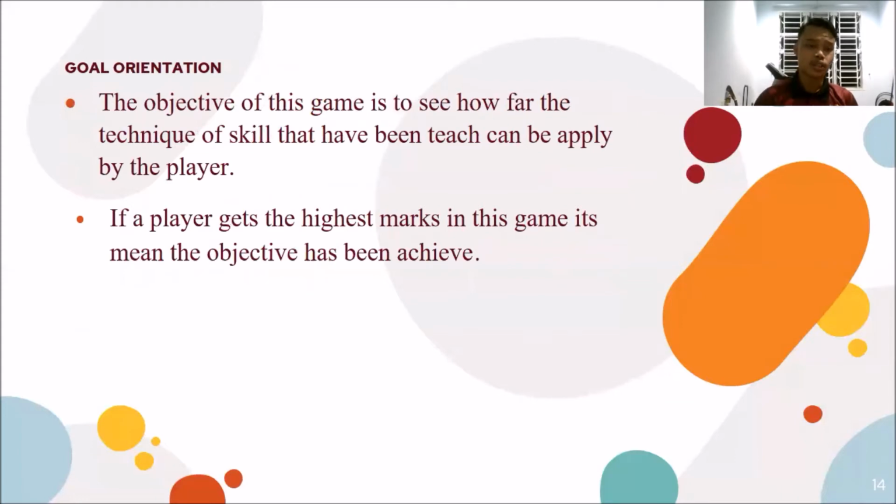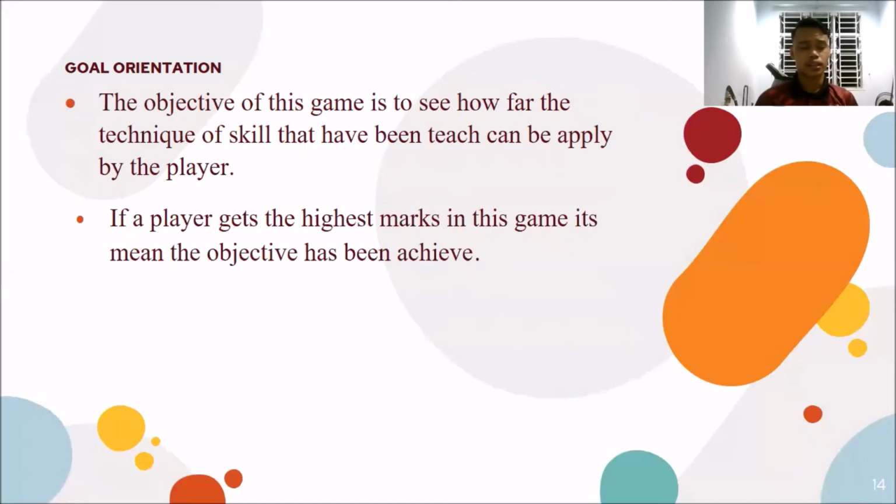And the goal orientation, the objective of this game, is to see how far the technique of the skill that has been taught can be applied. So a participant that has the technique and applies the technique is considered as a participant that improved their technique while we taught the skill. And if a player gets the highest mark in this game, it means the objective has been achieved.